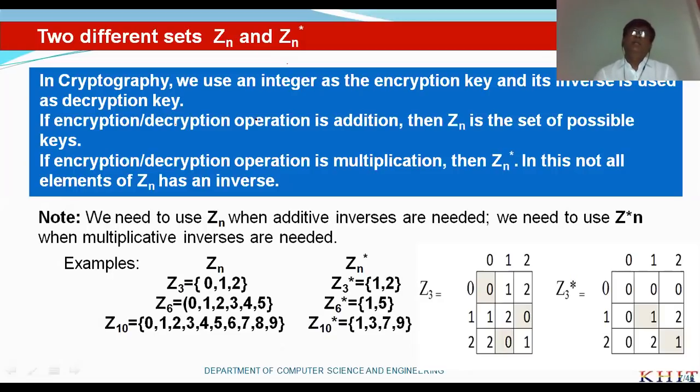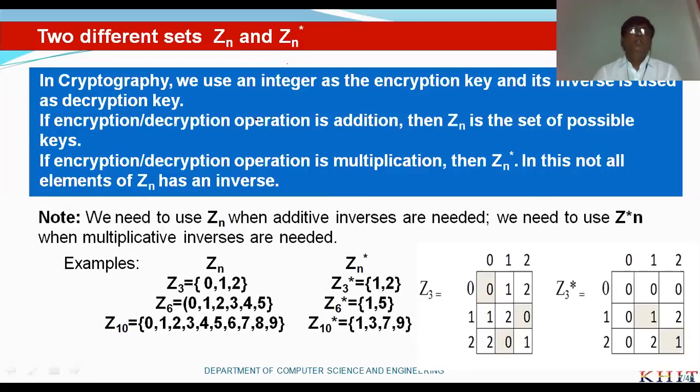For converting plain text, we should use one of the keys. For the encryption we are using an integer number, and its inverse number at the decryption. That's why we need to know the inverse of a number.